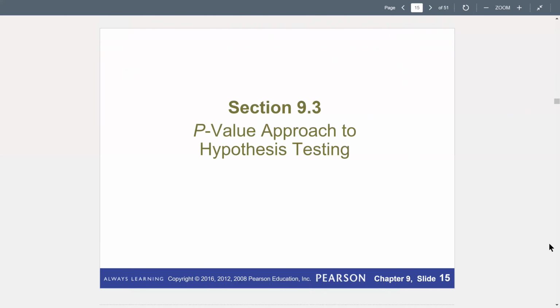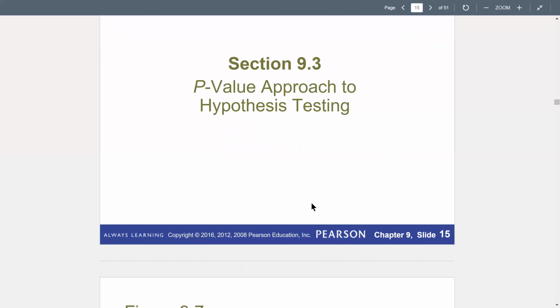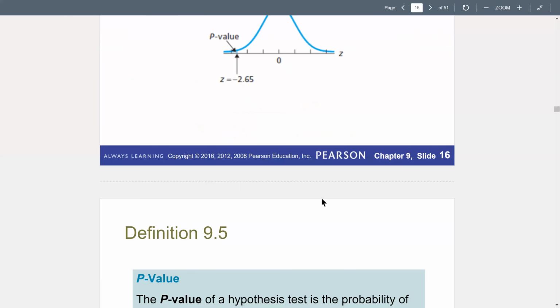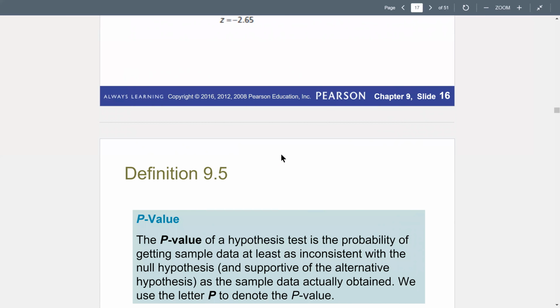Now we come to the p-value approach. The p-value is associated with the test statistic. Given a test statistic, the area in either the one tail or two tails of it becomes the p-value, and then we compare the p-value with alpha.